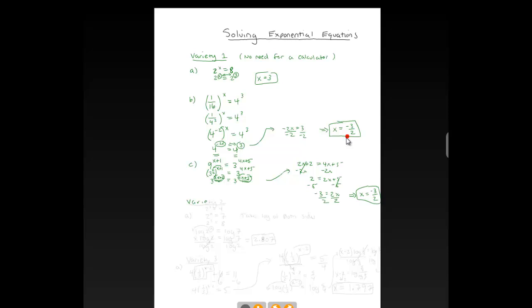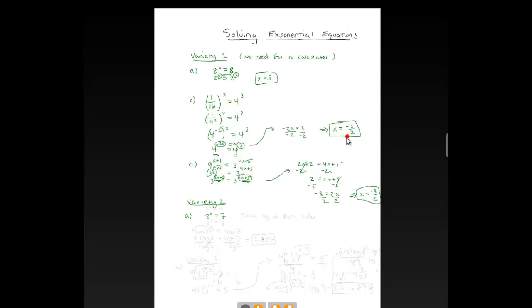Variety 2 is slightly different in the sense that you've got something like this. 2 to the x equals 7. Now the reason this is slightly more difficult is because 7 is not a power of 2, like 8 is above in example 1a.